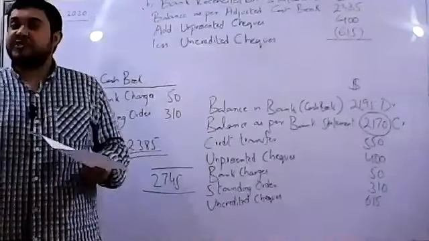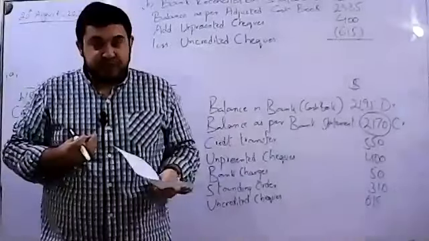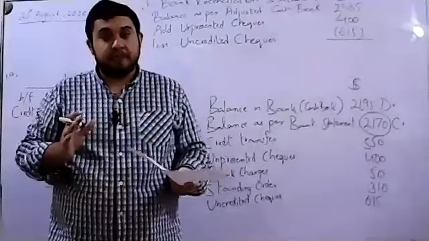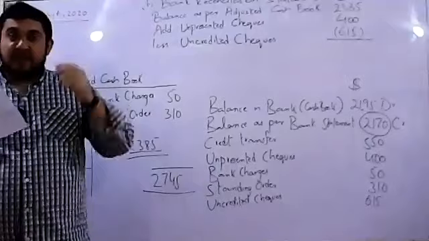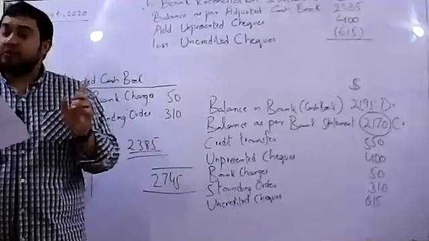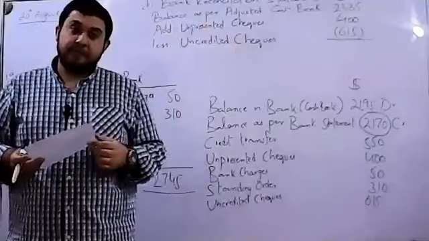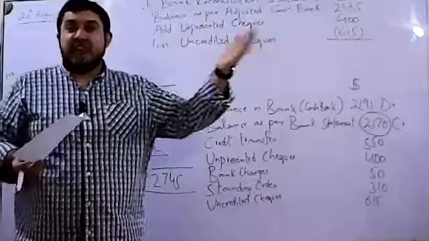Customers pay us. Now, whenever these customers pay us these checks, we debit these checks into our cash book. But what actually happens is that funds have not yet been transferred into our bank account from the customers' bank account. We already made a debit entry, but the funds are not here yet.